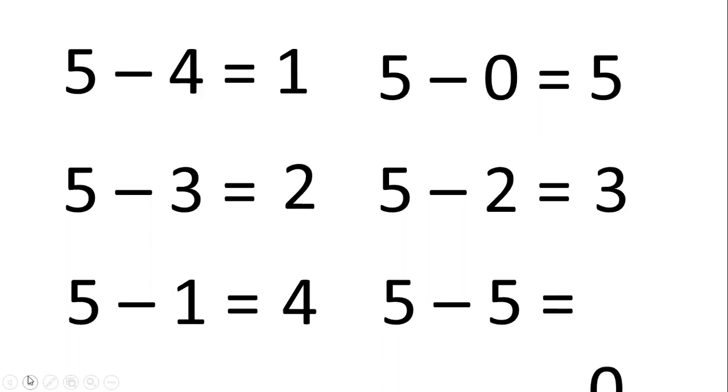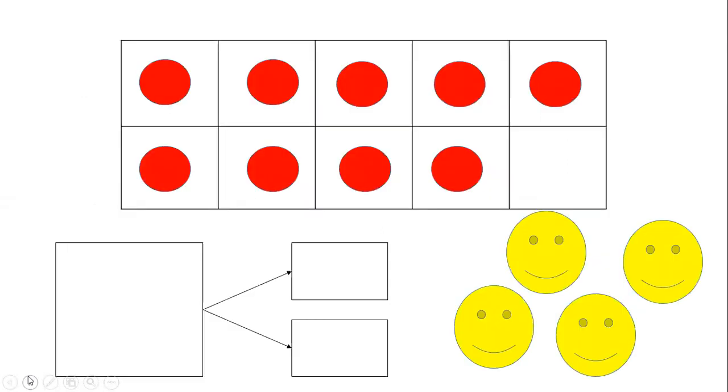Excellent. All right. So now you should have in front of you your number bond, and you're going to be able to fill in your number bond and help me solve some of these stories with 9 in them. Because you'll notice that I have 9 counters.